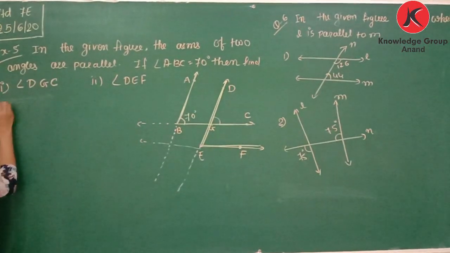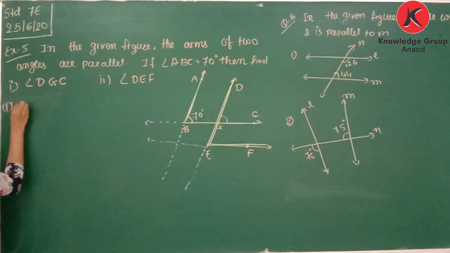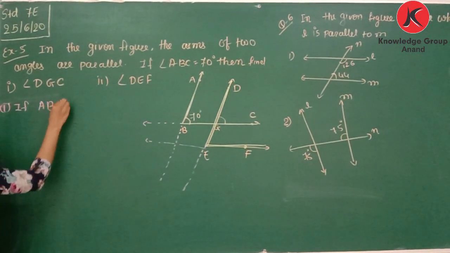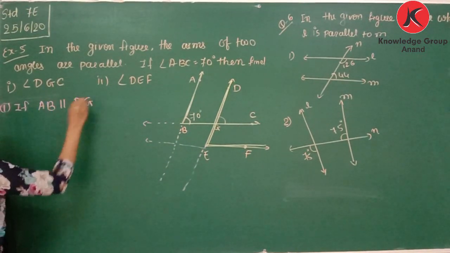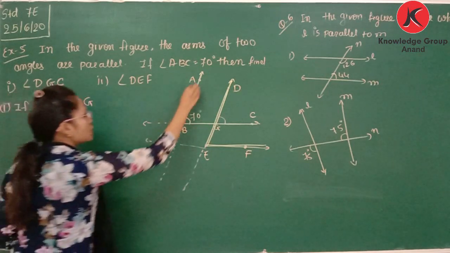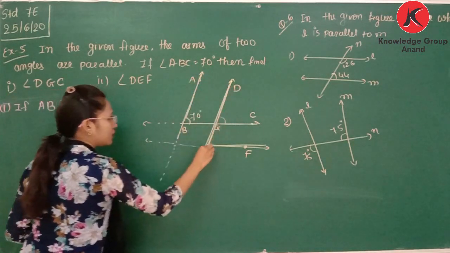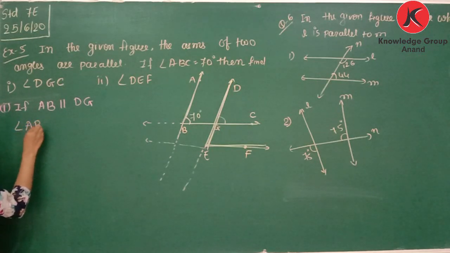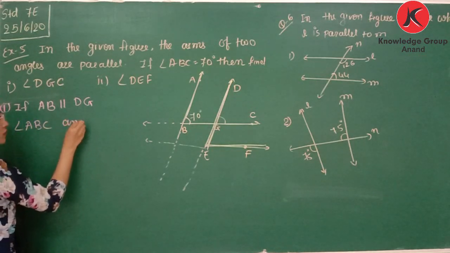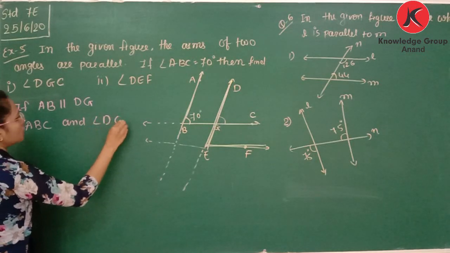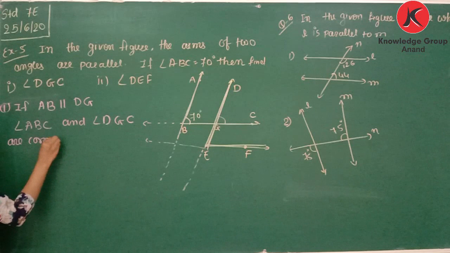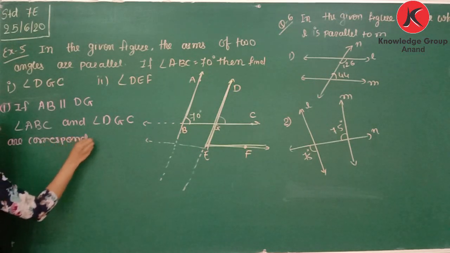So you can write for the first one, if AB is parallel to DG, then angle ABC and angle DGC are corresponding angles.